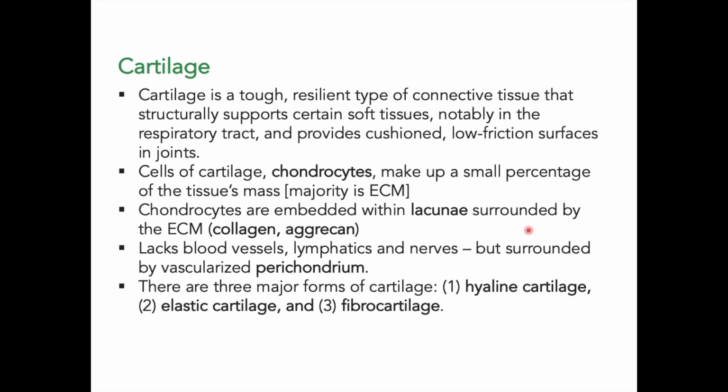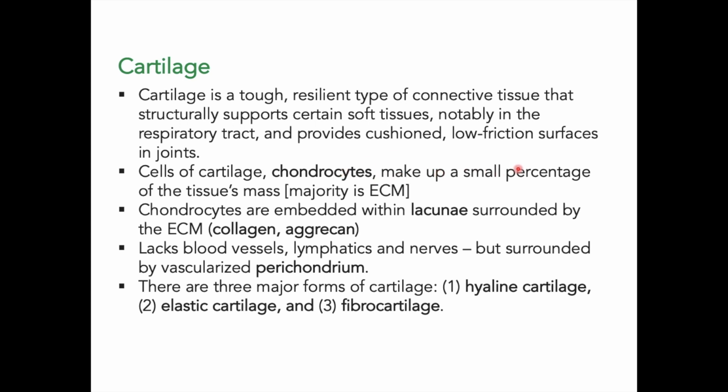So cartilage is a tough, resilient type of connective tissue that structurally supports certain soft tissues, notably in the respiratory tract, and provides cushioned, low friction surfaces in joints. So the main cell in your cartilaginous tissue is the chondrocyte.